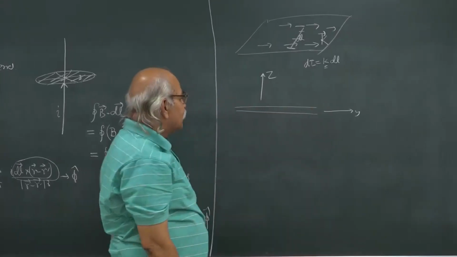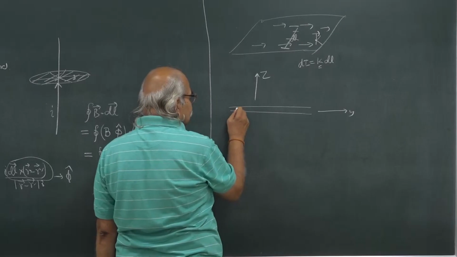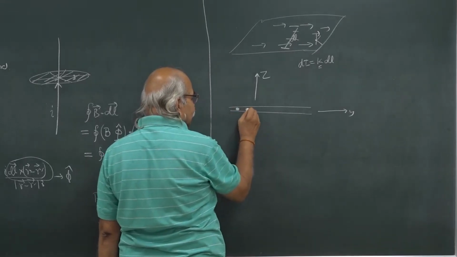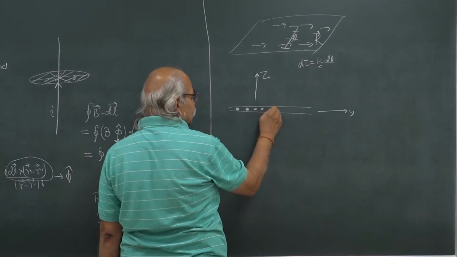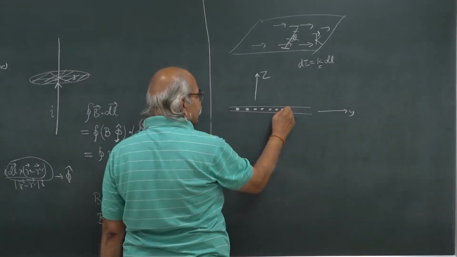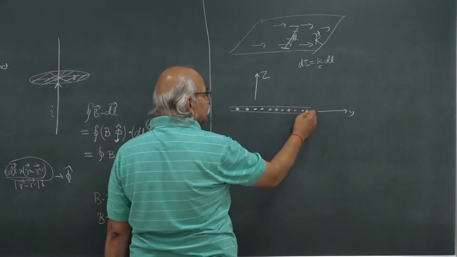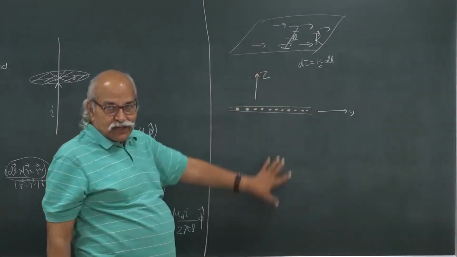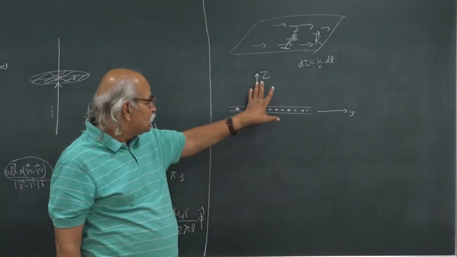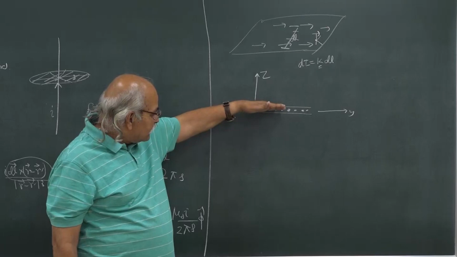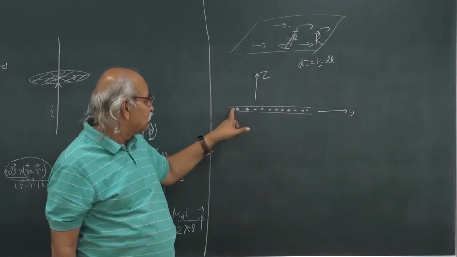That current we denote by these dots. This is a way to tell that the direction is perpendicular to the plane of the drawing, and it is coming out of this plane. That is the meaning of these dots.